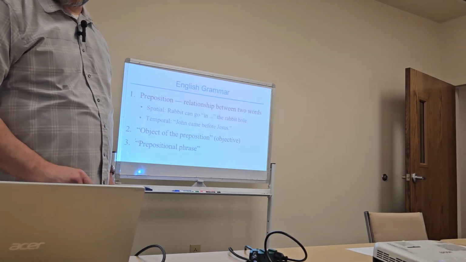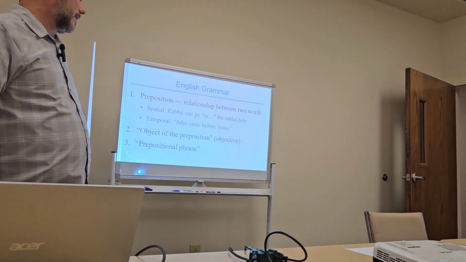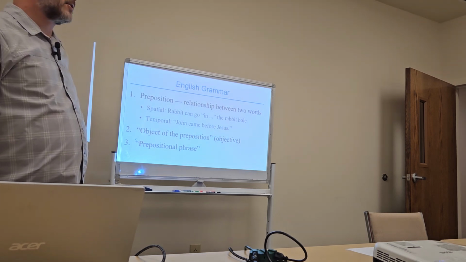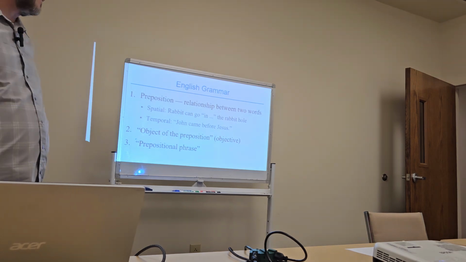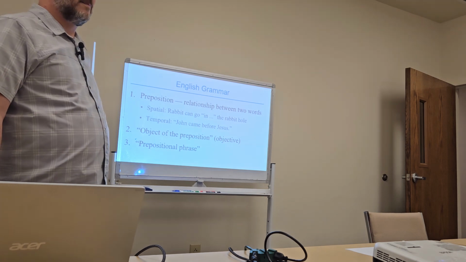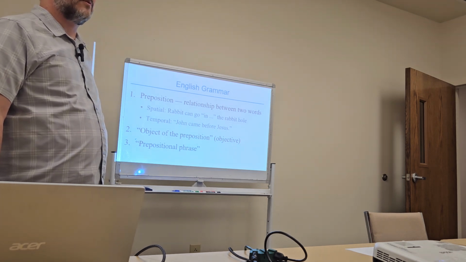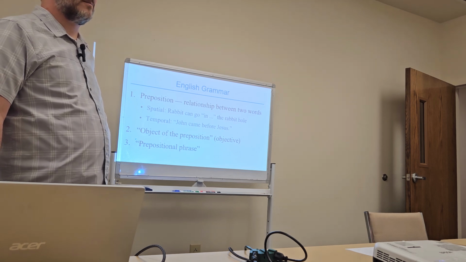All right. So prepositions, something we have in English all the time. They demonstrate relationships between two words, such as in spatial relationships, like the rabbit can go in the rabbit hole. The cup is sitting on the table. We are on time to our appointment.